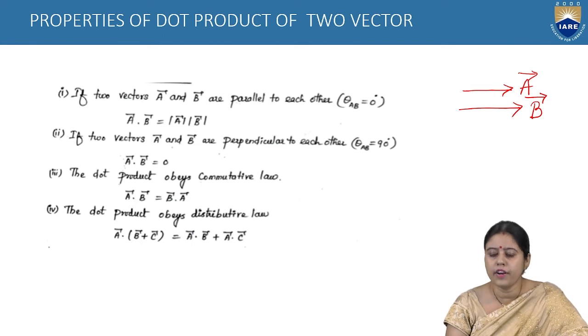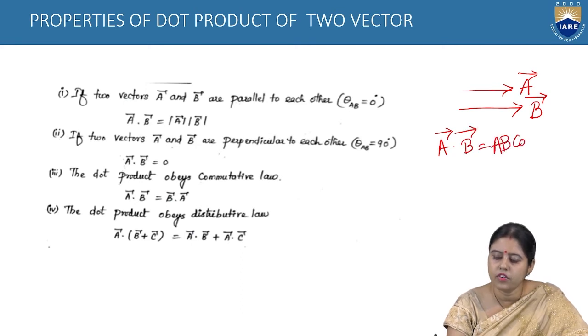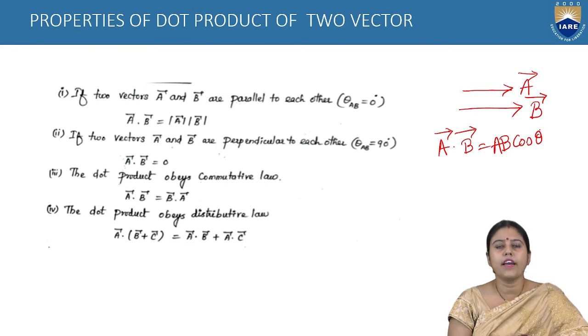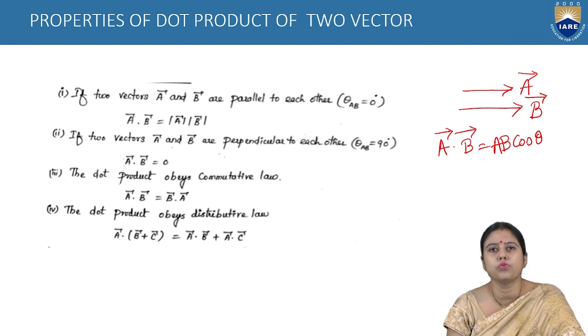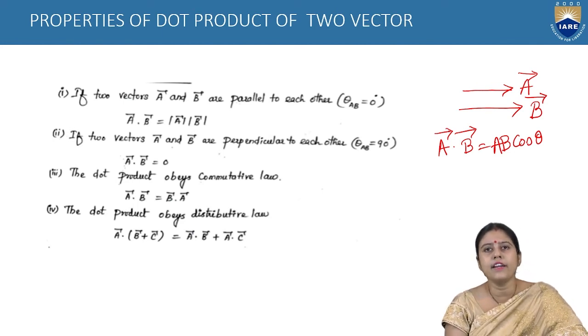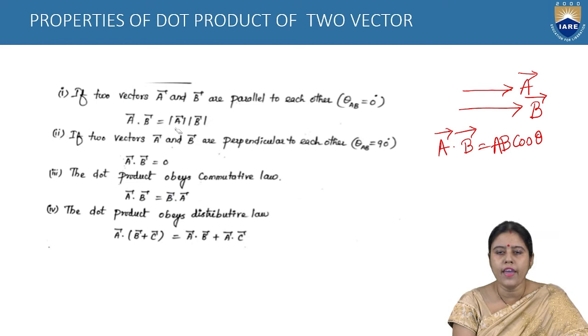According to the dot product, A dot B is equal to AB cos theta. Parallel means theta equals 0, cos 0 equals 1. So A dot B is equal to mod of A times mod of B.